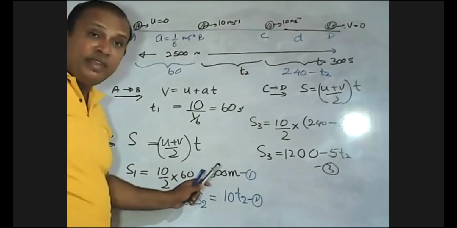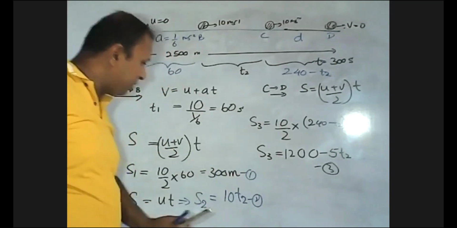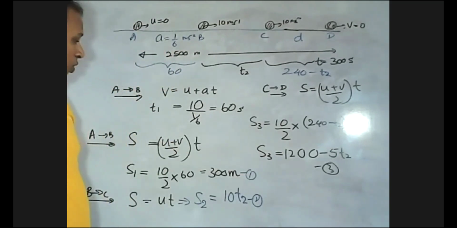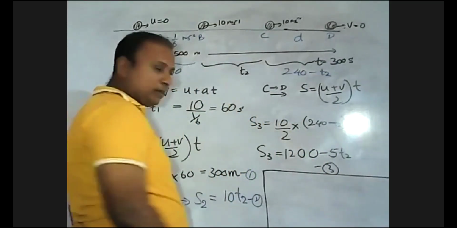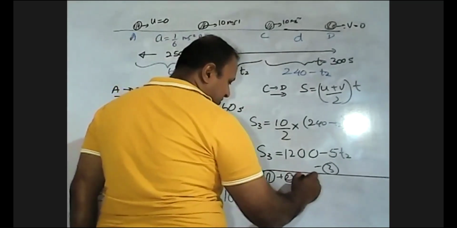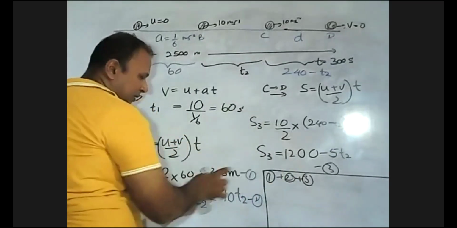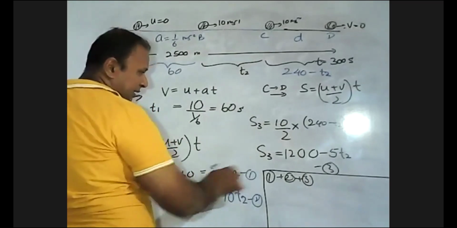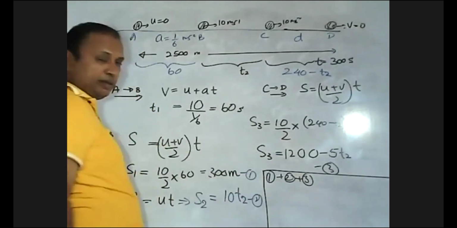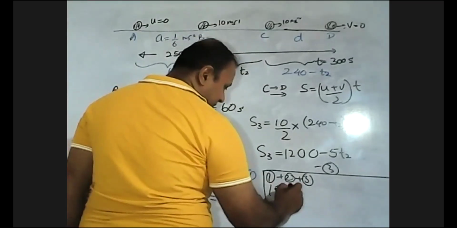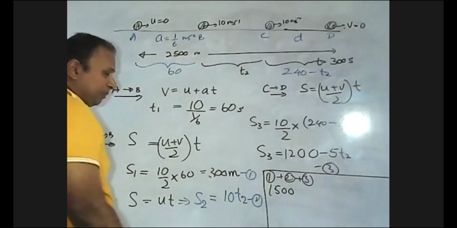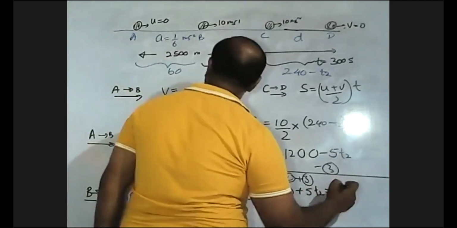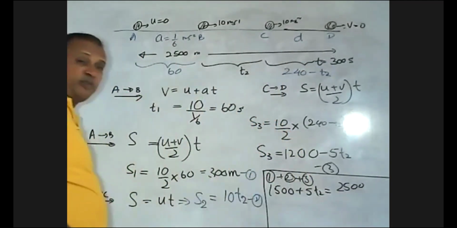S1 is 300 meters, and the half-velocity term gives 150. Adding 1, 2, and 3, we get 1,500 minus 5T2 plus 10T2, which means plus 5T2, should be equal to 2,500.